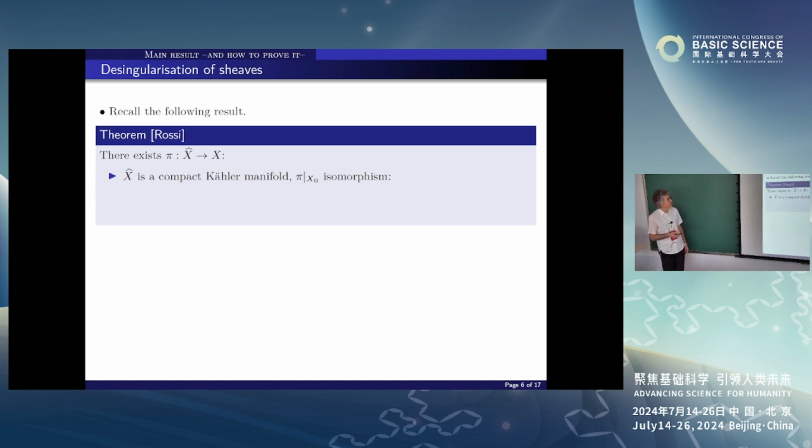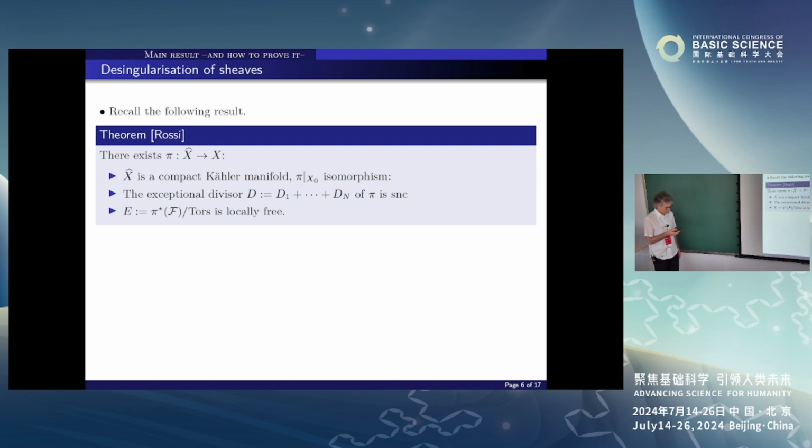It turns X hat into a compact Kahler manifold, and along the smooth parts of X and F it is an isomorphism. Then the exceptional divisor has simple normal crossings, so it's particularly nice. And most importantly, the pullback of F modulo torsion is a locally free sheaf, so it's a vector bundle. Okay.